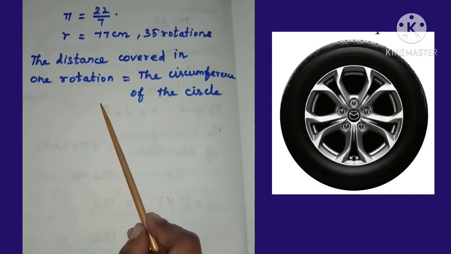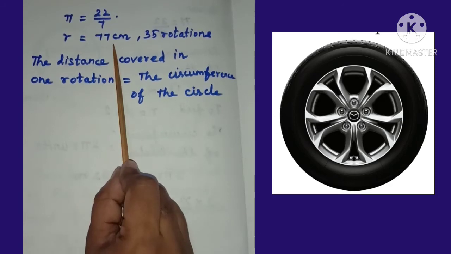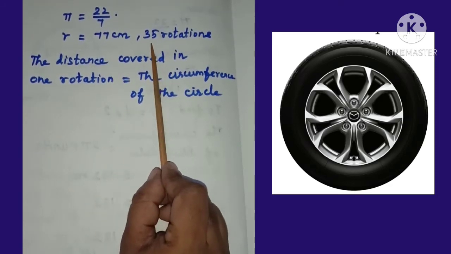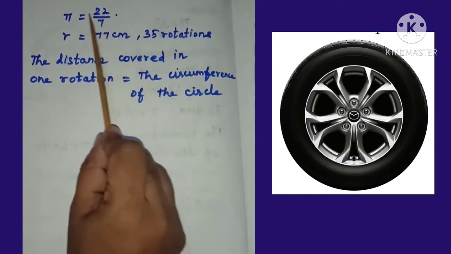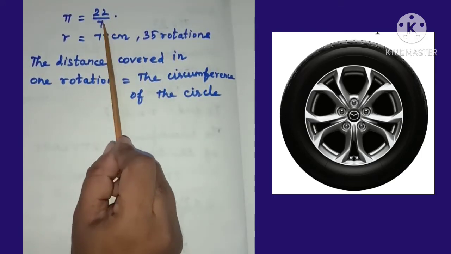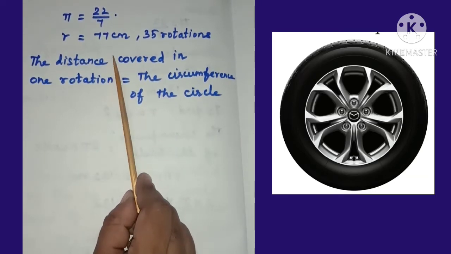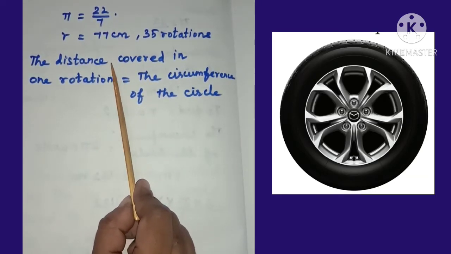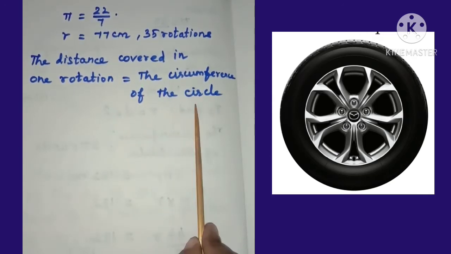Friends, example 2.5. The radius of a tractor wheel is 77 centimeter. Calculate the distance covered by it in 35 rotations and use the value of pi as 22/7. So students, now here the distance covered in one rotation, which is nothing but the circumference of the circle.